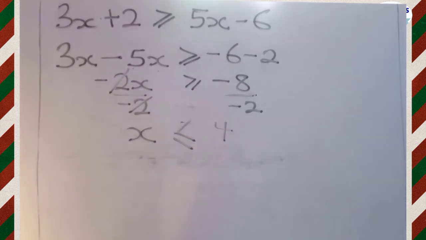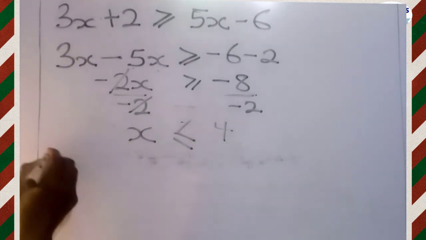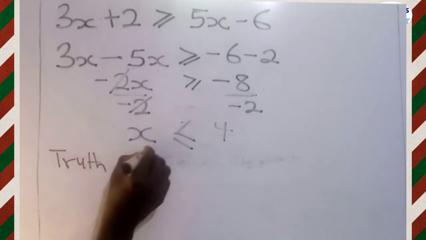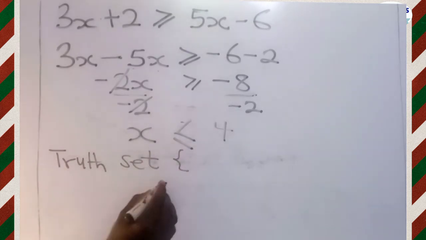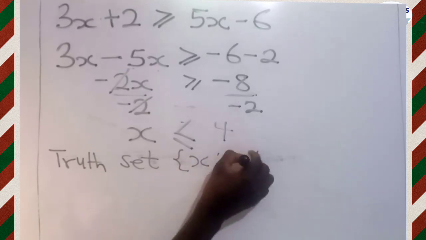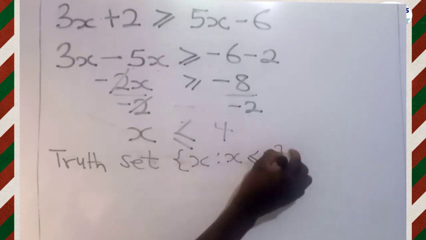We have x less than or equal to 4. Now that we have this result, let's write the truth set. The truth set of the inequality is that x is less than or equal to 4.